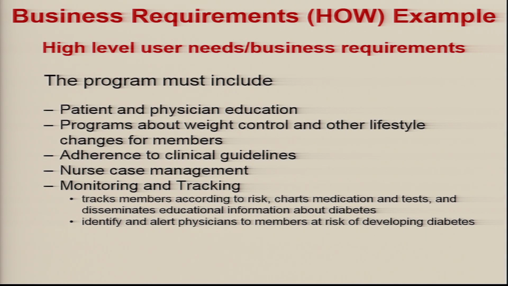Then there is the description of the how. What does this program actually entail? It describes the major components of the diabetes management program, and it also defines the scope. In this particular case, the way they had identified the components for this program is by looking at other organizations that have diabetes management programs in place, and other organizations that have management programs for chronic diseases.